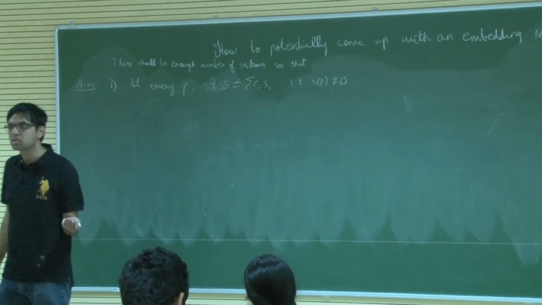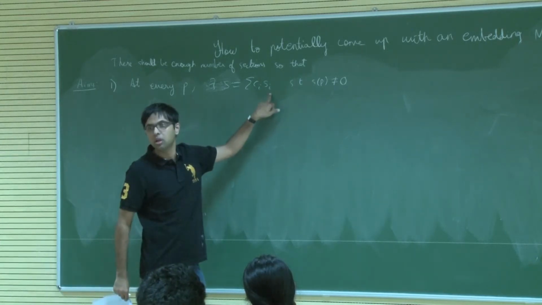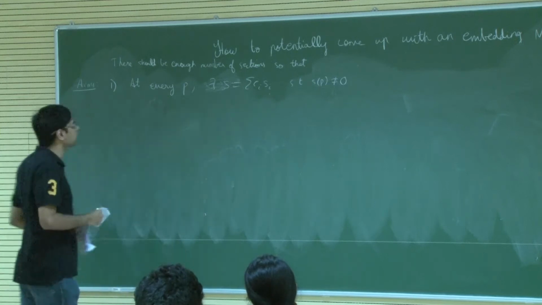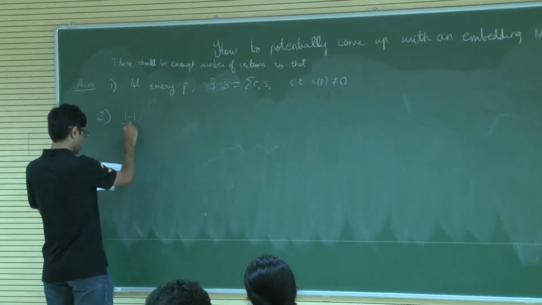If there exists one section such that S of P is non-zero, clearly one of the SIs should be non-zero, right? That's good enough.